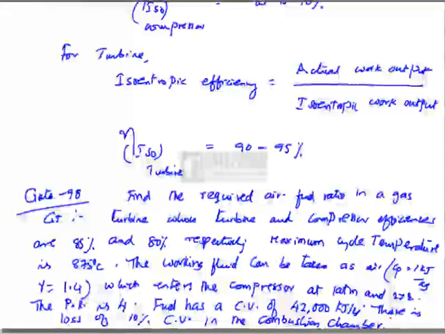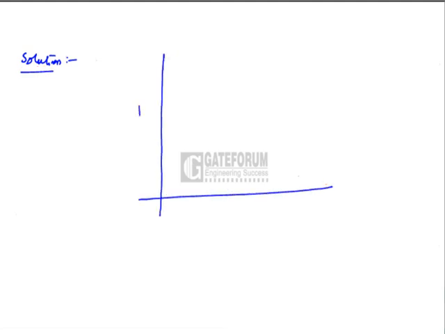The solution to this GATE problem could be given like this. Let us indicate the Joule cycle for the gas turbine on the TS plane. The cycle is with machine efficiencies.